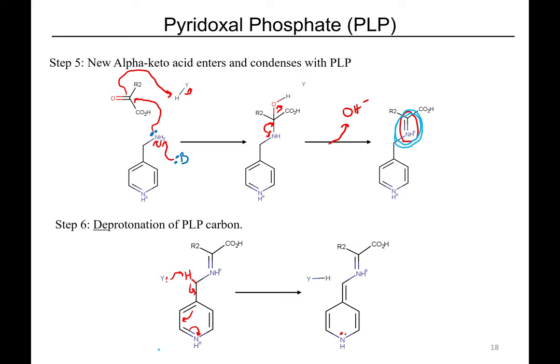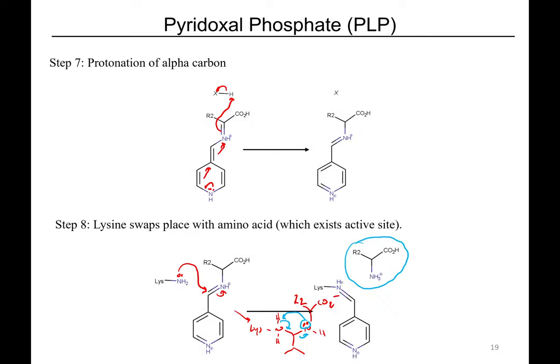We adjust the chemistry, we adjust the resonance of our cofactor to generate an sp2 carbon here instead of an sp3 carbon. We then push electrons up through our cofactor so that we can make our alpha carbon go from sp2 to sp3. So our alpha carbon gets protonated, and now it's in the form that it needs to be for the final amino acid. In the last step, it's the same as every last step.